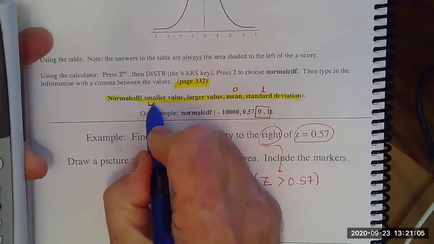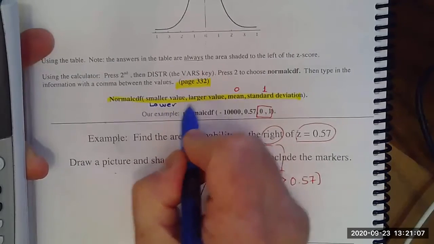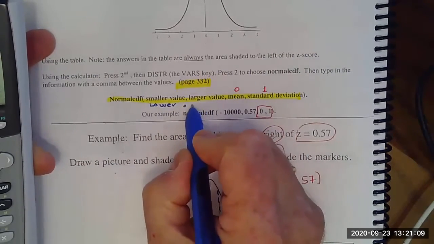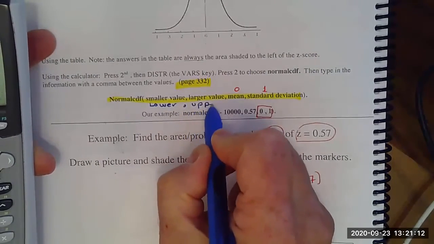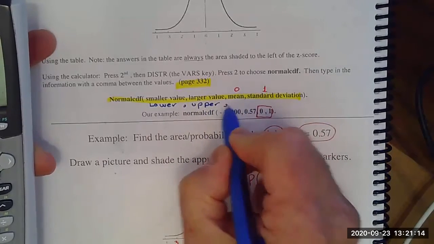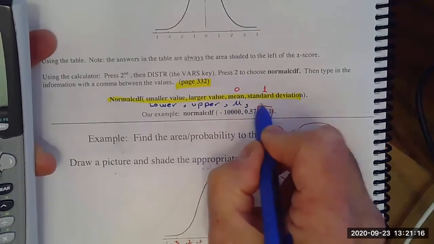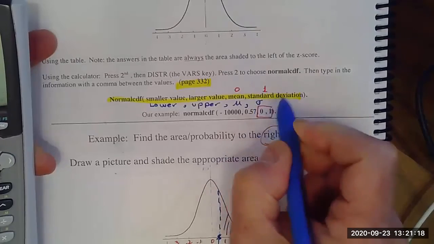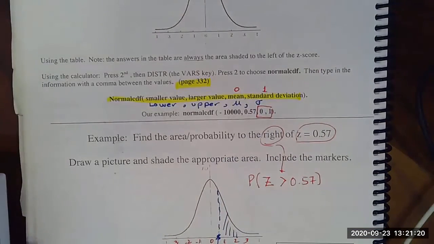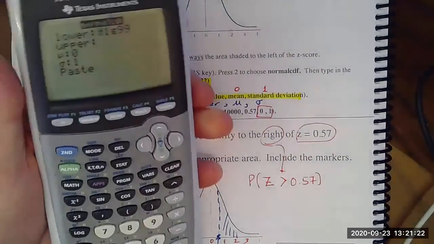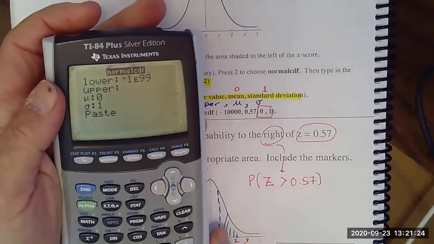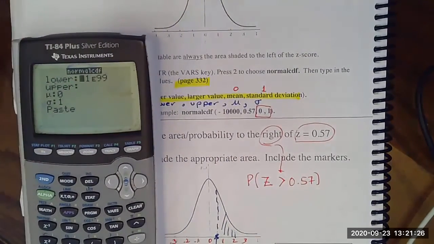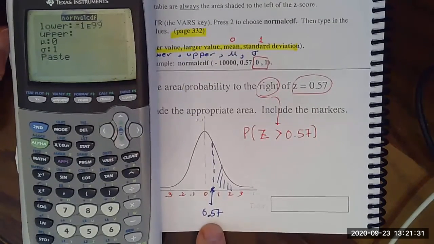Smaller is lower, comma. Larger is upper, comma. Mu, comma, sigma. All right, so where's the lower? In terms of the shaded region, that's the smaller number that you're going to type in, 0.57.